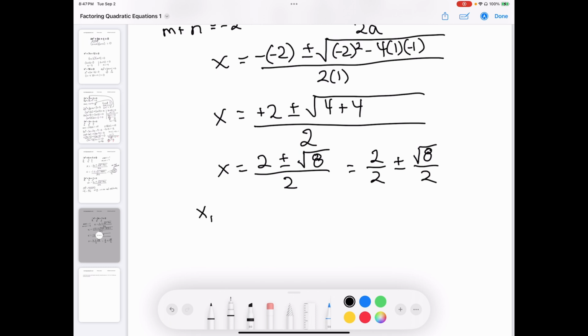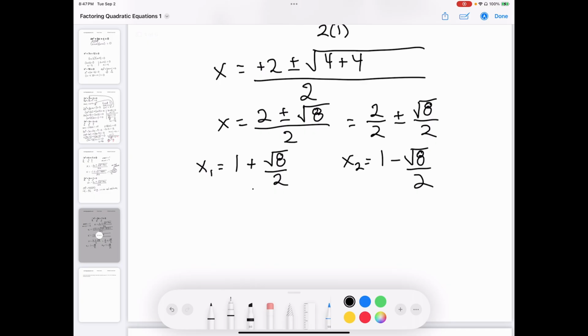And then I have my first solution, which is 2 divided by 2 is 1, plus square root of 8 over 2. And then for my other solution, I have 1 minus square root of 8, divided by 2.